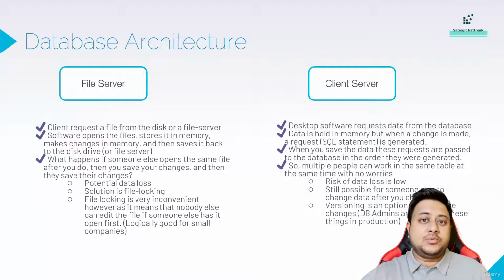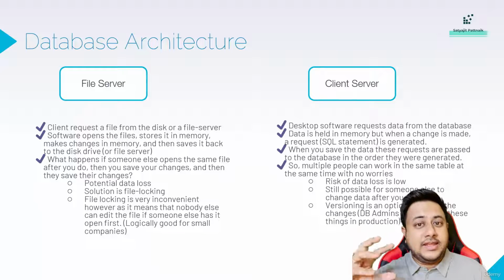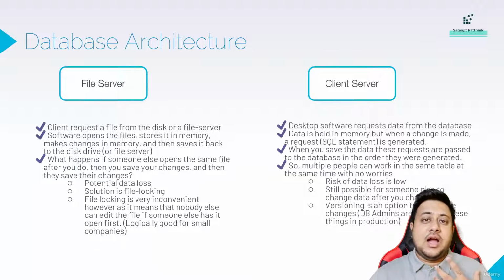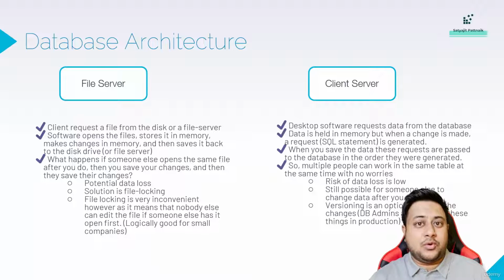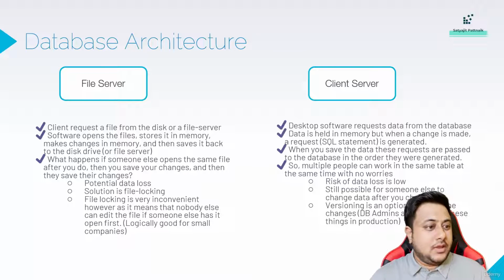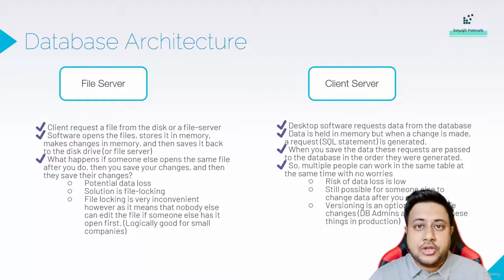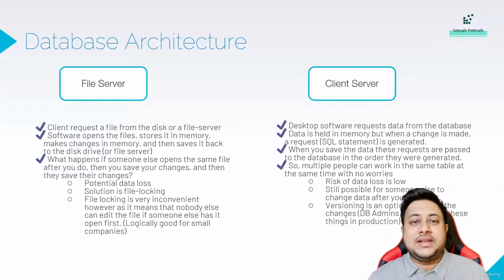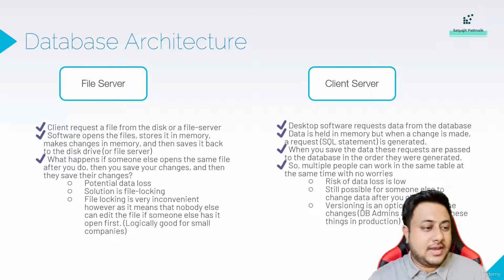And if the other user has opened the same file and he's doing a certain number of changes, how will it be reflected in my file, or vice versa? So this is one of the problematic scenarios, or one of the drawbacks of file server. So there is a potential data loss. Two people are working on a single file, definitely there will be some data loss, right?